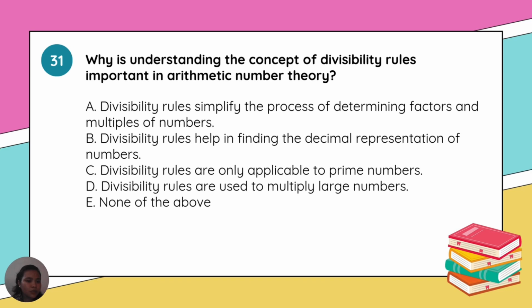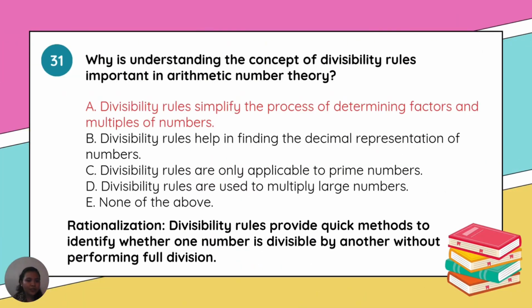D. Divisibility rules are used to multiply large numbers. And E. None of the above. So the answer is letter A. So divisibility rules provide quick methods to identify whether one number is divisible by another without performing full division.